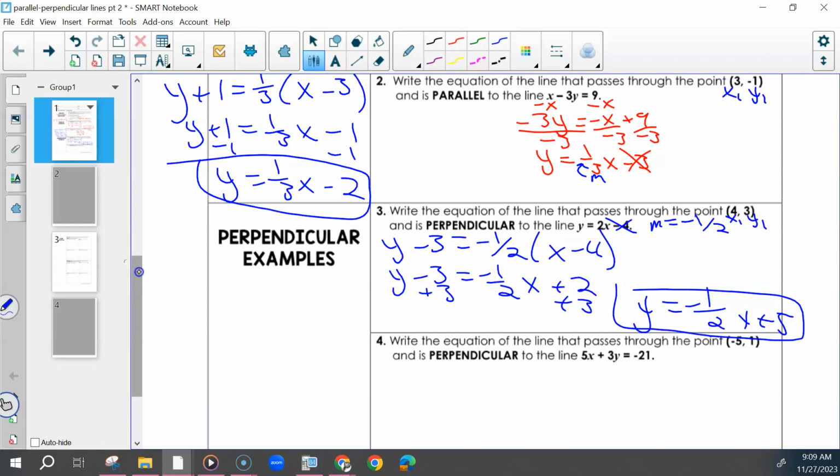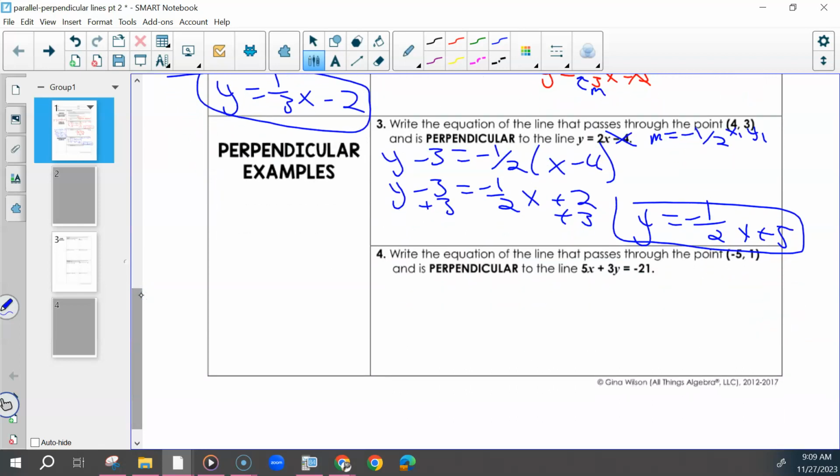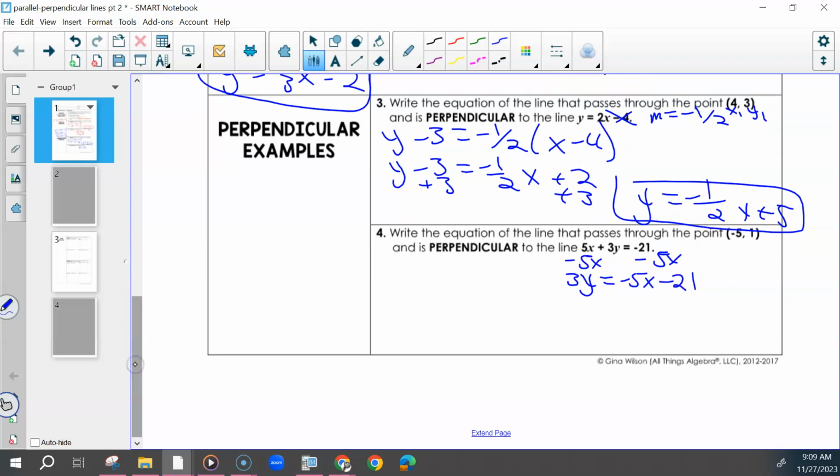This last one is about as hard as it gets, but it's like a combination of 2 and 3, because we have to change this to slope-intercept form first. Get rid of the 5x by subtracting. Divide everything by 3.